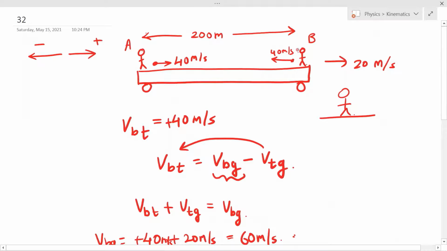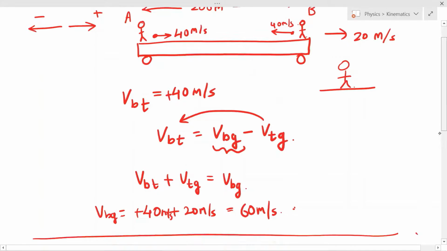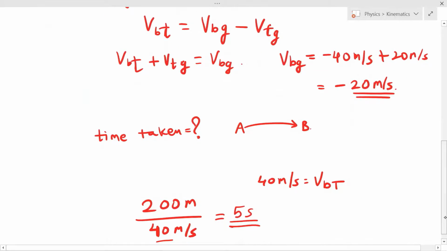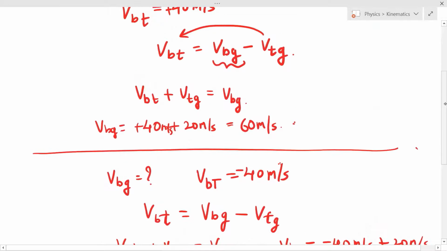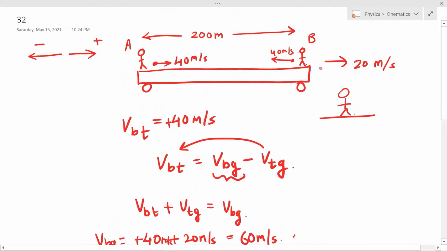Now, what will be the time taken by the ball B to go from person B to person A? Again, use the same logic. Work again in the frame of reference of the trolley. In the frame of reference of trolley, this ball will have 40 meter per second velocity again towards left.